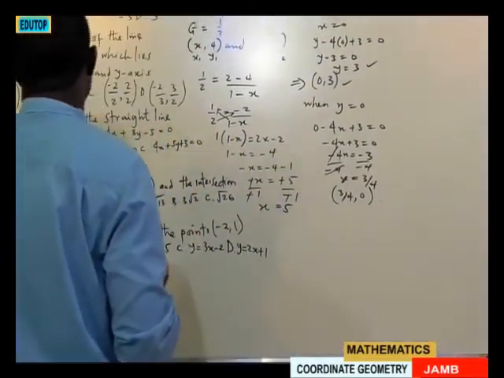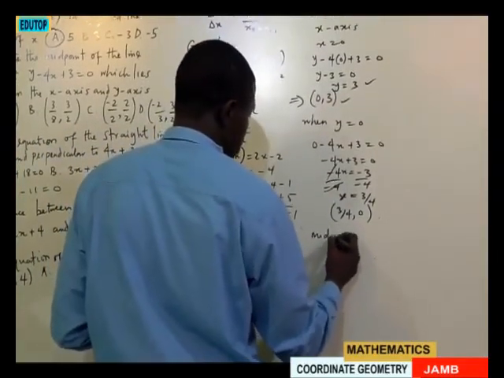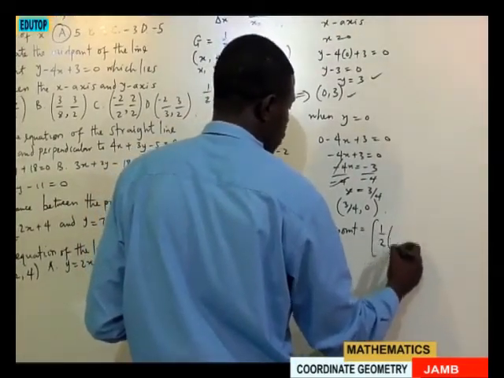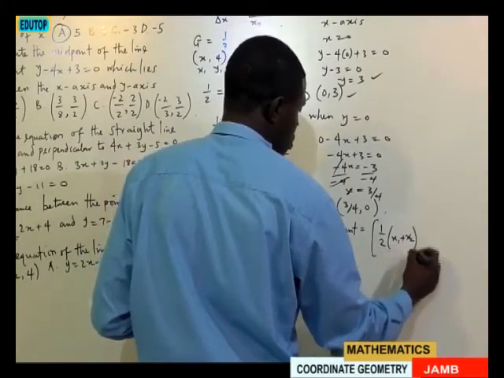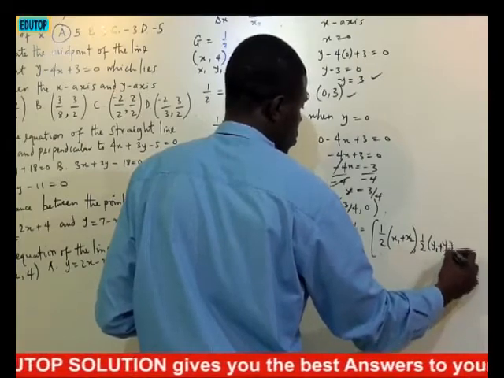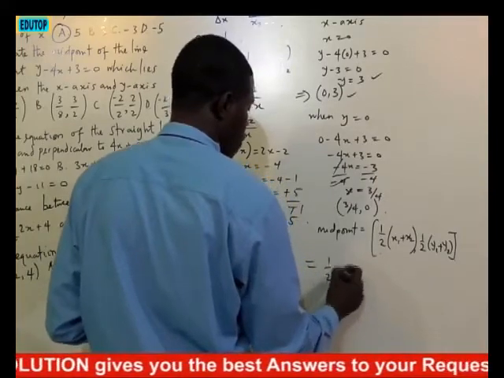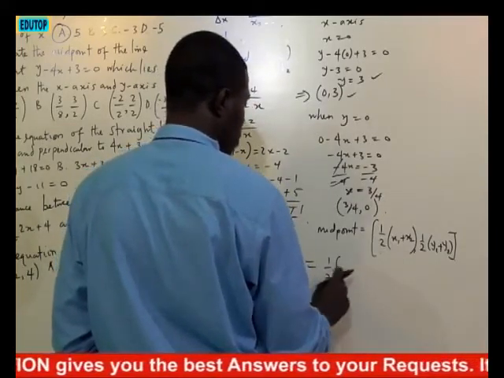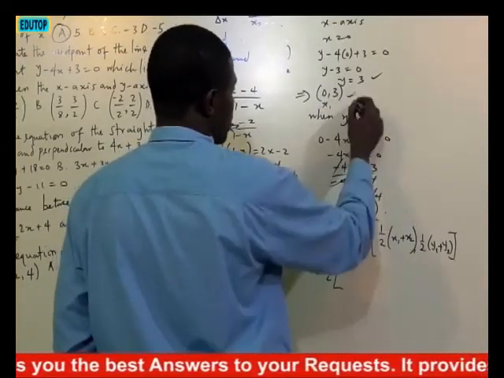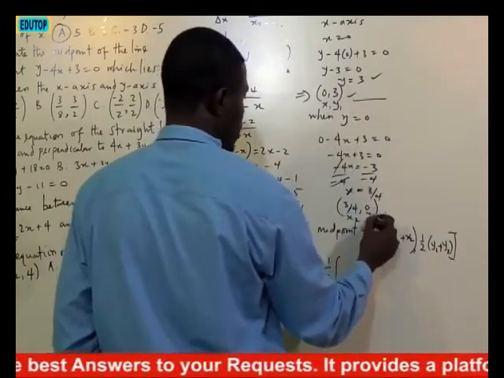And remember that the question asks us to calculate the midpoint. We know that the midpoint will be half of x1 plus x2, comma, half of y1 plus y2. This is our x1, this is our x2, this is our y1, this is our y2.